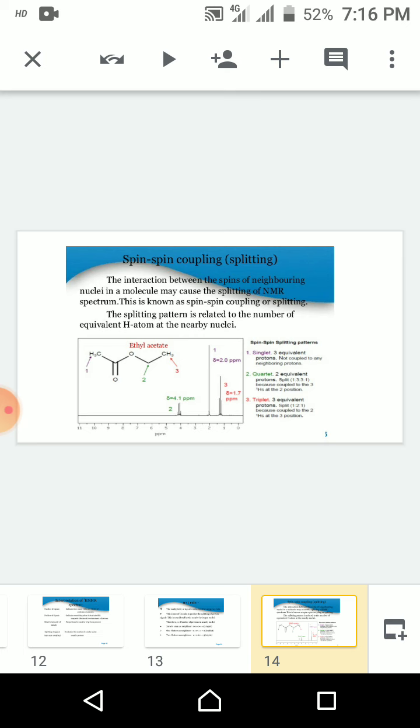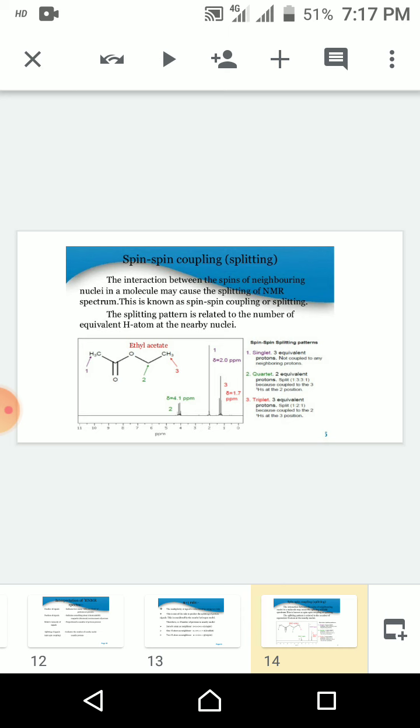You can understand it from the ethyl acetate structure, having the value 4.1 ppm, and it has 3 peaks, not 2 peaks, according to the structure of ethyl acetate. We can understand that the value of delta is 1.7 ppm.